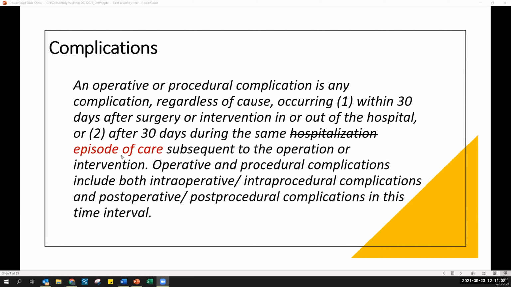So you never went home and it's still during your episode of care, that you're still collecting those complications when the patient comes back to your facility. So this is a practice that I think we're all doing in some way, shape, or form, but it's time to update the training manual so that people are not confused. So it will be updated to say episode of care. Okay, so next slide.